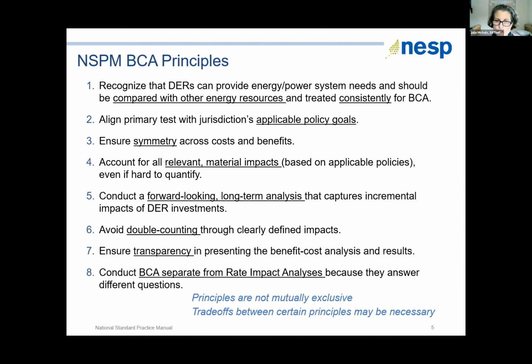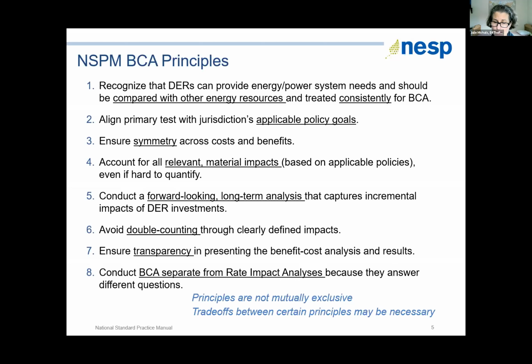Conducting forward-looking long-term analysis that captures incremental impacts of DERs as opposed to accounting for sunk costs is important, and it ties, in some ways, to looking separately at BCA from rate impact analyses, avoiding double counting through clearly defined impacts.